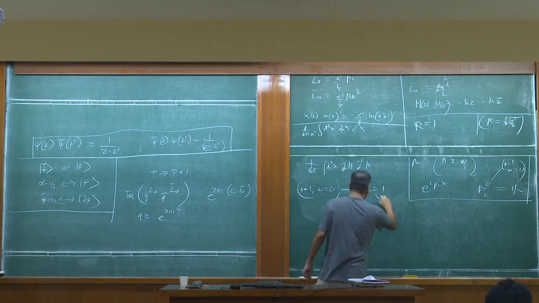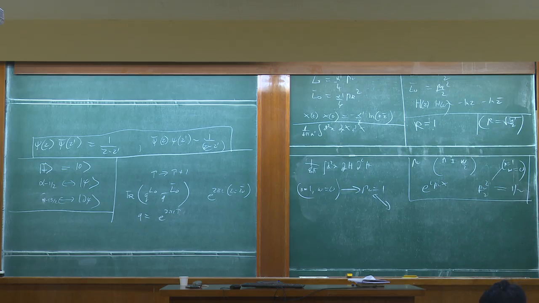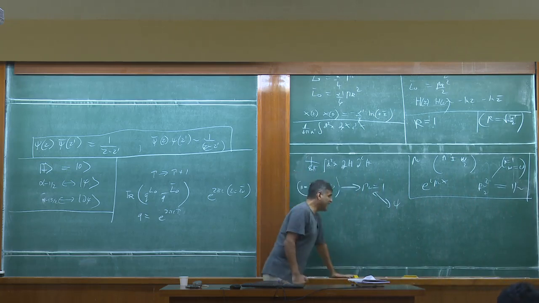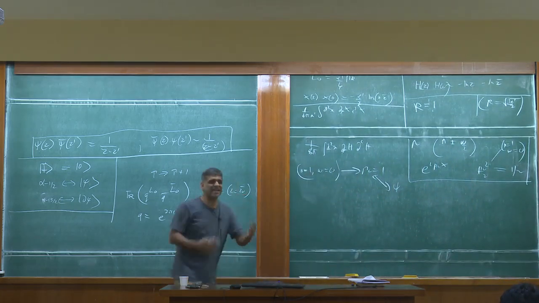This mode, what we're groping towards is that this theory will end up being the same as the theory of 2 free fermions. And under that equivalence, this mode will turn out to be the operator psi. Okay? So we're groping towards that. So this mode is going to be in correspondence with the operator psi. We want to check whether this is just some vague coincidence or there's something more to it.